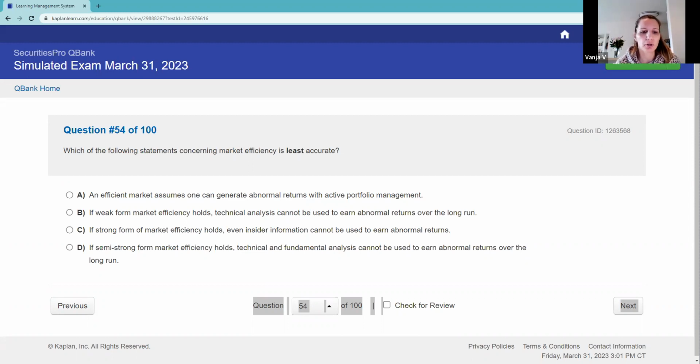If strong form of market efficiency holds, even insider information cannot be used to earn abnormal returns. If semi-strong form market efficiency holds, technical and fundamental analysis cannot be used to earn abnormal returns over the long run. Least accurate.